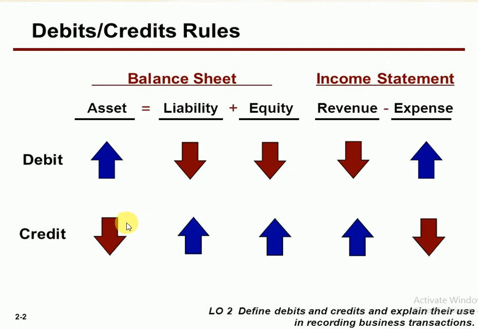Then in another way, look at assets: at the time of decrease, all the asset accounts are credited, while liabilities, owner's equity and revenue, these three accounts are credited at the time of increase, because by nature they have a credit balance. And expenses at the time of decrease, when paid off, are credited.